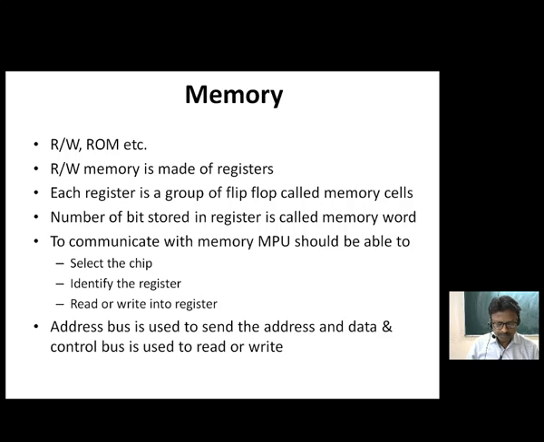And there is a possibility that in one register there may be 4 flip-flops, there may be 8 flip-flops, there may be a single flip-flop. So in any register, the number of bits being stored is called the word of the memory, or the memory word.